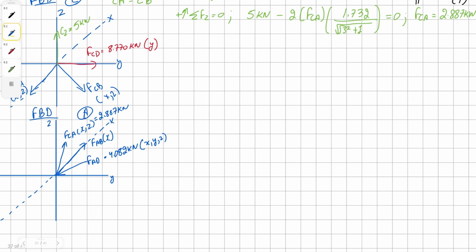Now to solve for this problem, we just need to sum the forces in the x direction and get our equilibrium equation. So we're going to have positive 2.887 kilonewton and its x component, which in this case is going to be 1 over 2.